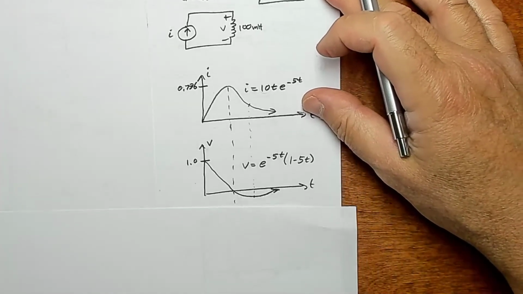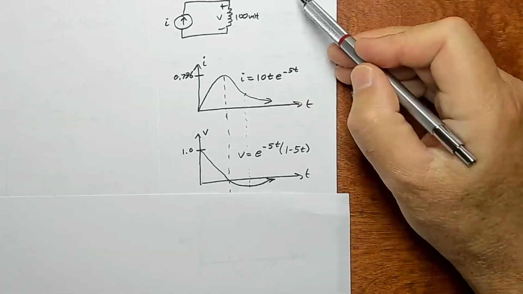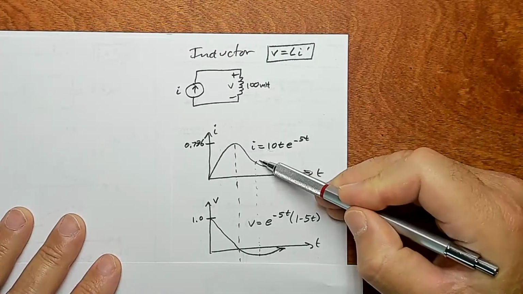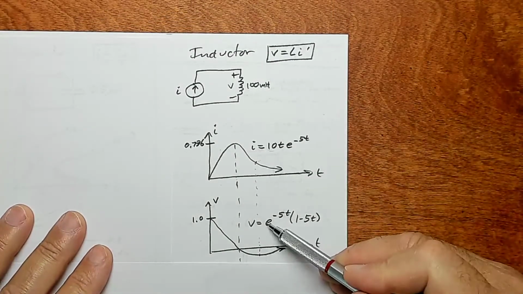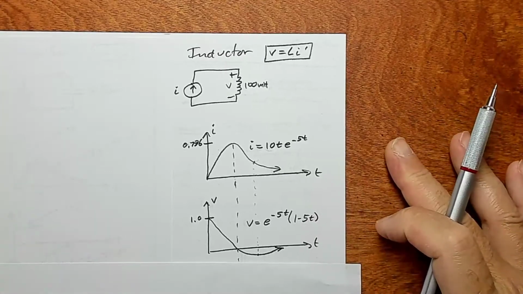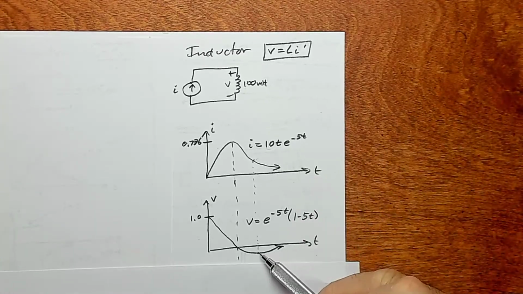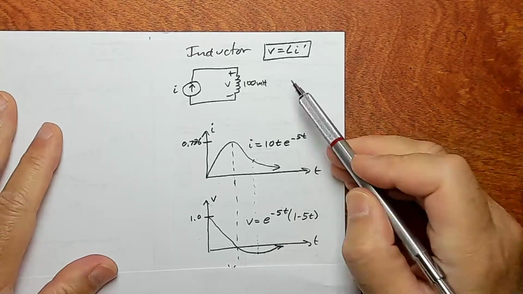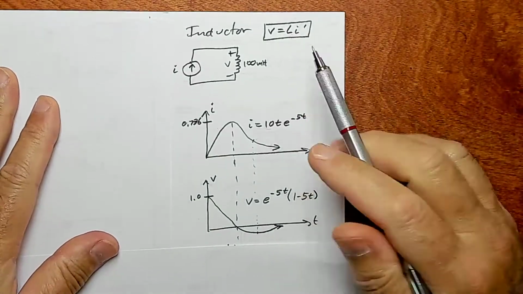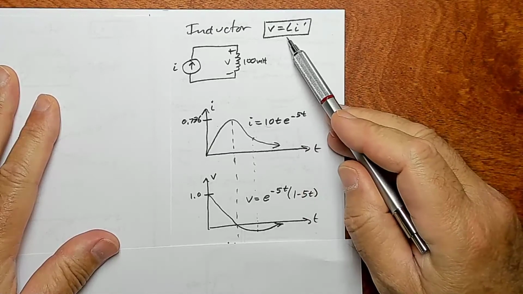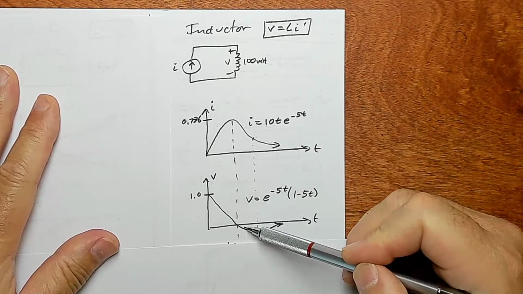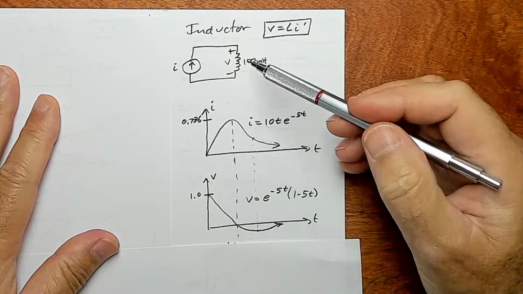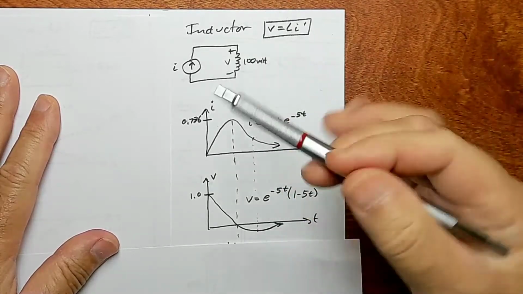So if you take the derivative of the current and multiply times the inductance, you get this thing. So we can use our classical understanding of calculus and pair that with the behavior of an inductor. Let's talk about that.